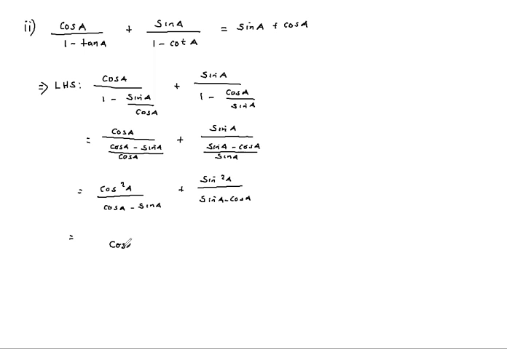So we'll have cos A minus sine A, and we also have sine A minus cos A.